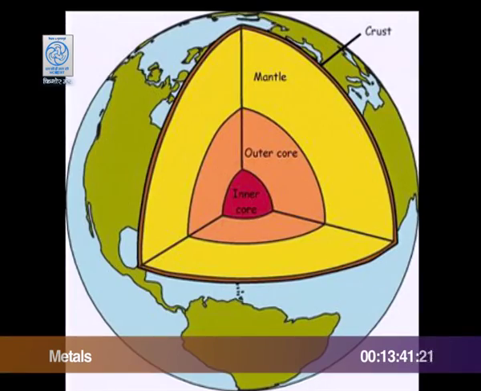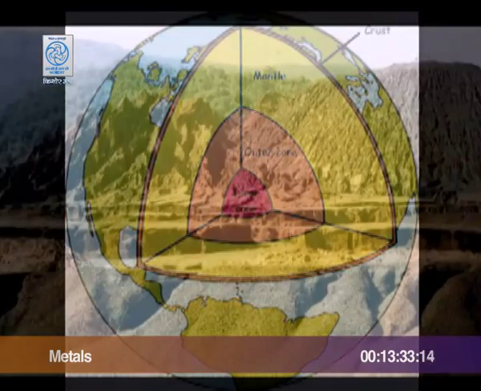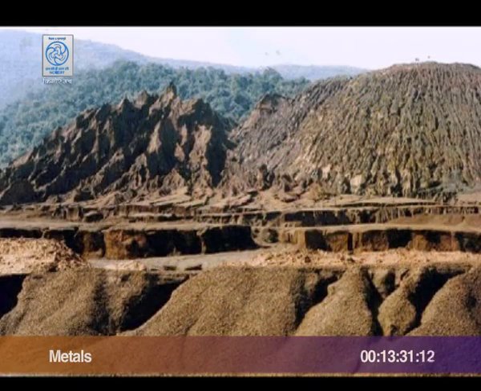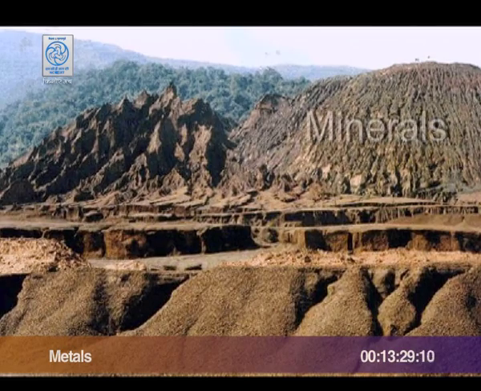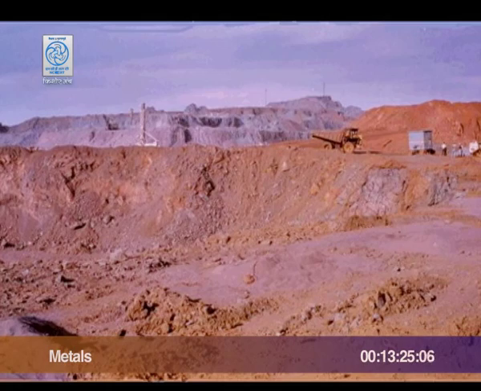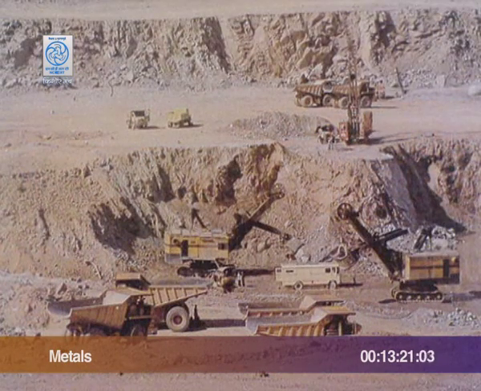And now the question arises, where do the metals come from? Metals are actually mined from earth. They usually occur in Earth's crust. These rocky, sandy objects with metals are called minerals. Metals cannot be extracted profitably from all the minerals found in the Earth's crust.